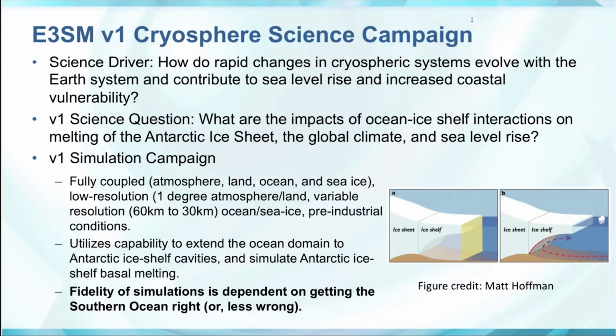Once we have ocean properties under the ice shelf, we can use these to calculate prognostic ice shelf basal melting. And what we quickly found out is that the fidelity of these simulations, in terms of this new coupling of ice shelf basal melting calculations, is pretty dependent on getting the Southern Ocean properties right, or less wrong.